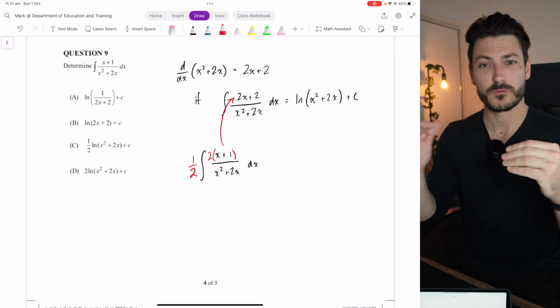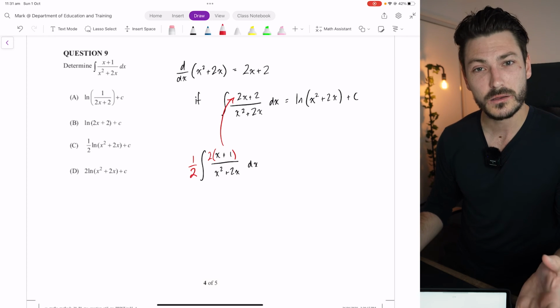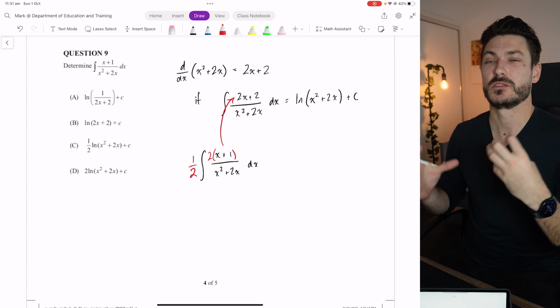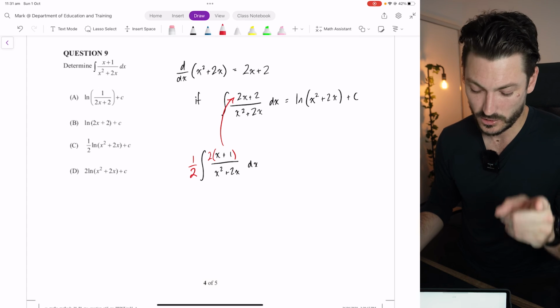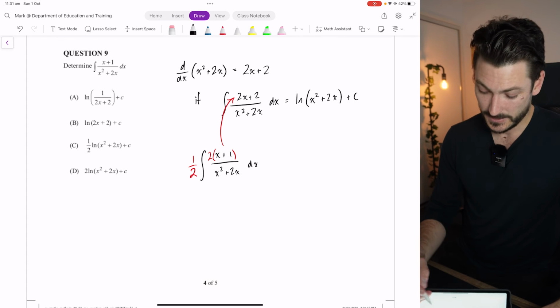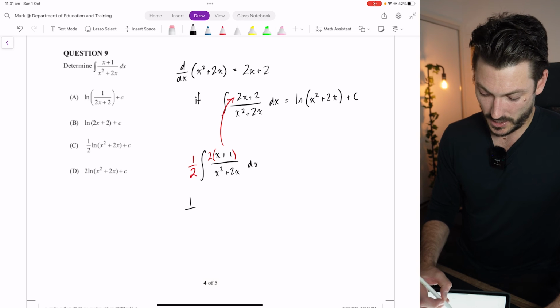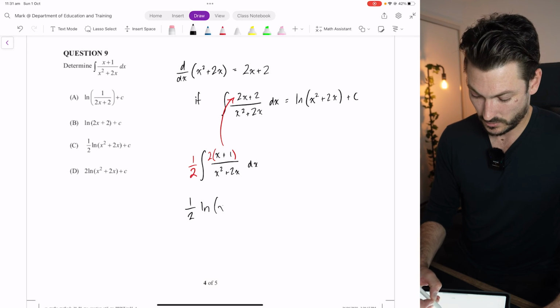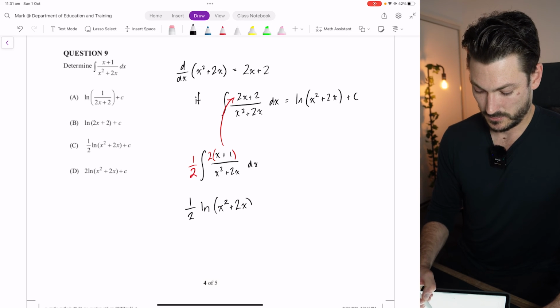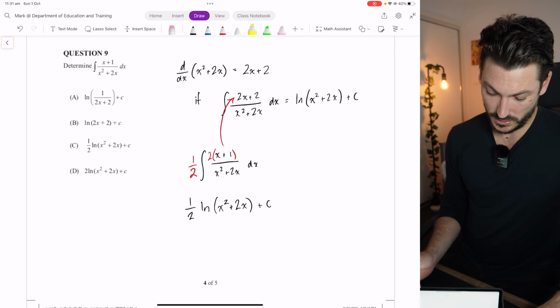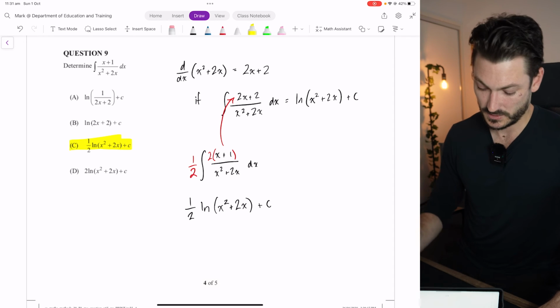The 2 and the half, when you multiply them, cancel out to be 1. So I'm allowed to do this, it's just changing the format of the question, not the value of the question. And hence, I can still integrate like normal, and I'm just going to have a half out the front of ln of x squared plus 2x plus c. So that's going to be question C.